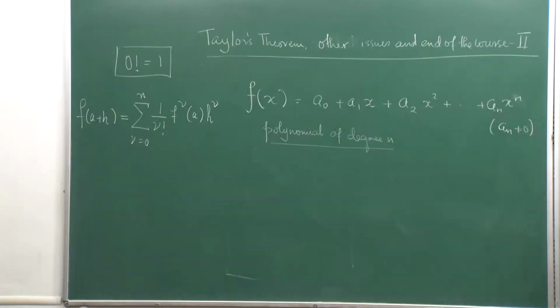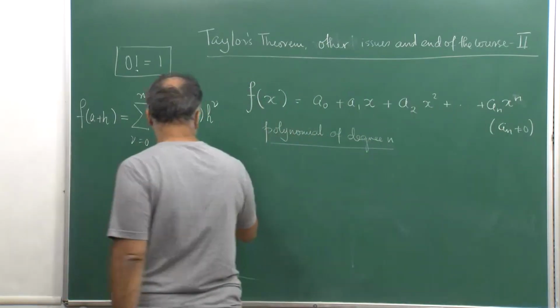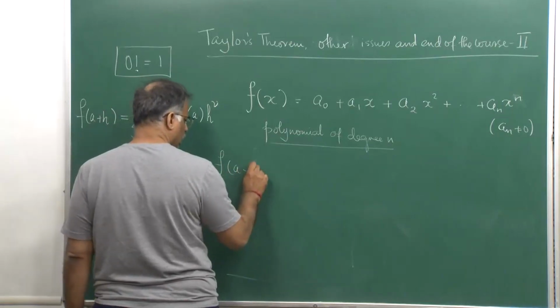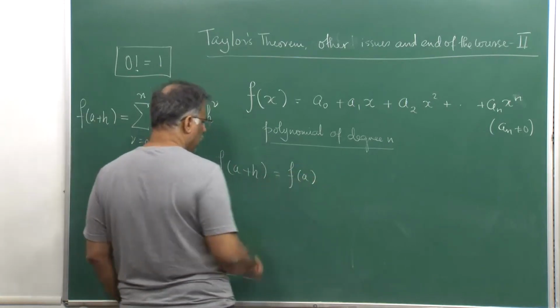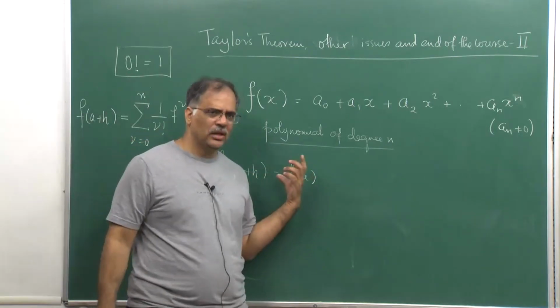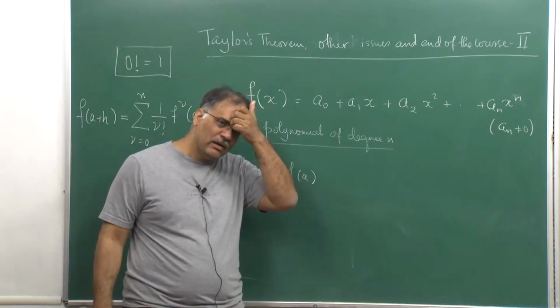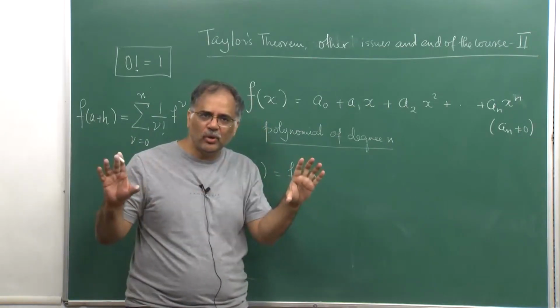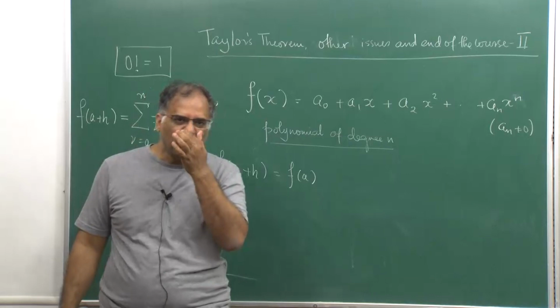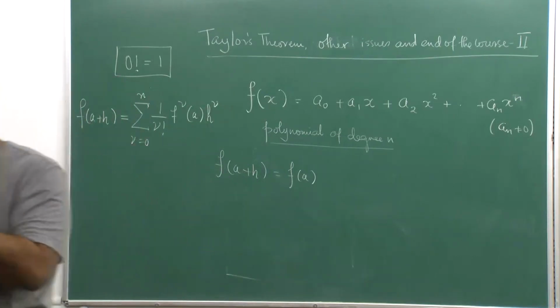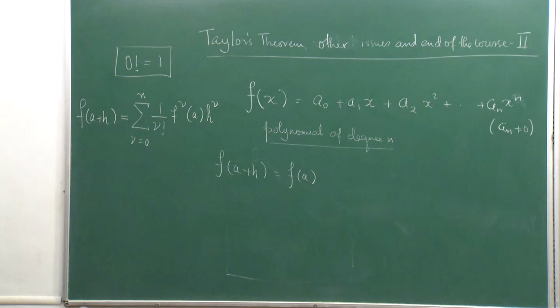The intuition is that if you know A, then f of A plus h can be approximated by a polynomial up to a certain degree, and then there will be an error. So, what you are trying to say is that any continuous and differentiable function which has nth order derivatives which are continuous can be approximated as a polynomial.